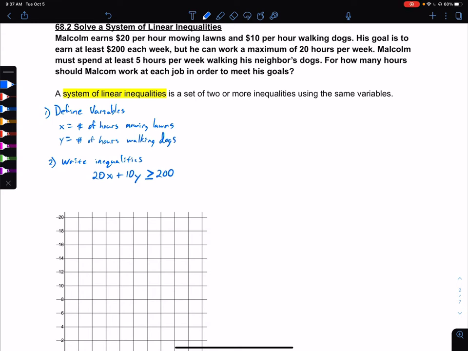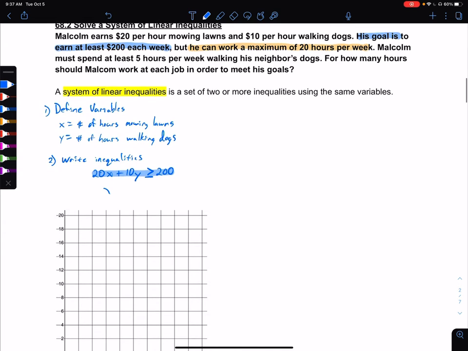All right, so his goal is to earn at least 200, so that covers that. The next part is he can work a maximum of 20 hours per week. If we're going to figure that out, x is the number of hours that he works mowing lawns.